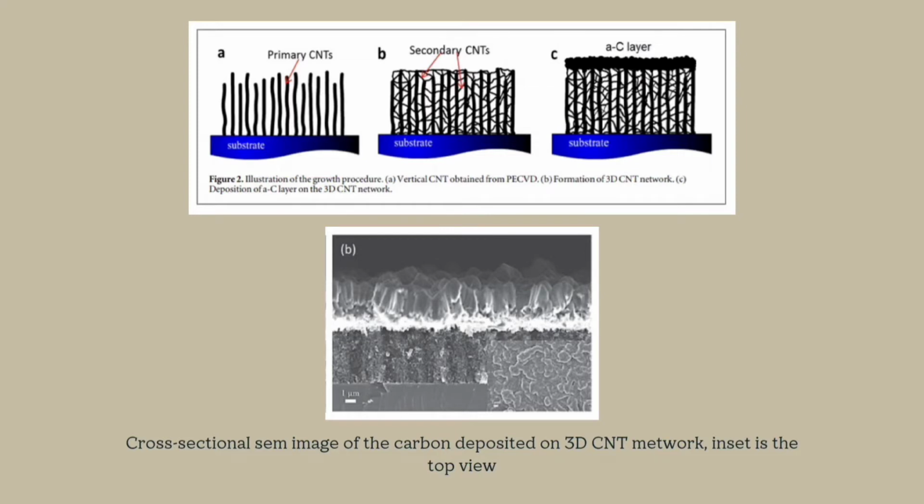In this case, carbon ions were mainly absorbed on top of the 3D CNT network because of the existence of a high density of secondary CNTs on top and applying the negative pulse bias on them.